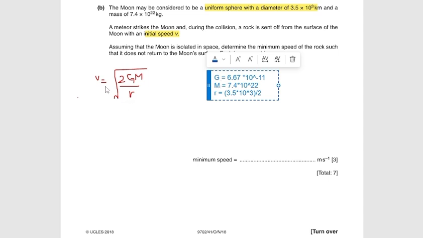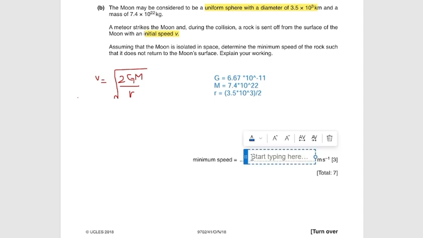Once you plug in the values and take the square root, you will get your answer for the minimum speed, and that is 2.4 into 10 raised to the power 3. And this is it for question number 1.